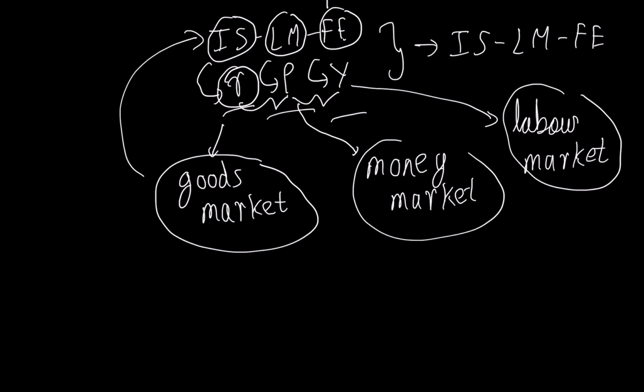So our objective for the next 3 lectures is to understand each of these markets individually, the goods market, the money market, and the labor market, to understand how each of these individual components, output, price, and real interest rate are determined. This will allow us to develop the foundational IS model, the LM model, and the FE model. And then we can combine them together to get the overarching ISLM-FE model.